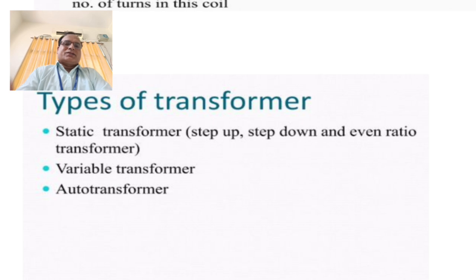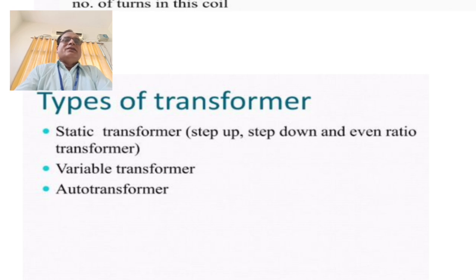It is also known as fixed loss. Iron loss can be minimized by using silicon steel material, and copper losses can be minimized by using copper windings and very high quality or superconducting material for designing the winding.